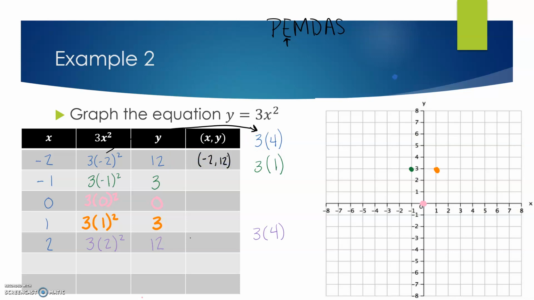And even by using some of these smaller numbers like negative 2 and positive 2, I still am ending up with values that are off the graph. And that's okay. I'm going to do my best. Here I ended up with negative 1, 3, 0, 0, and 1, 3.